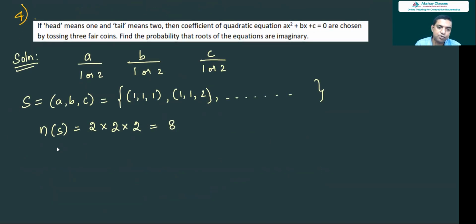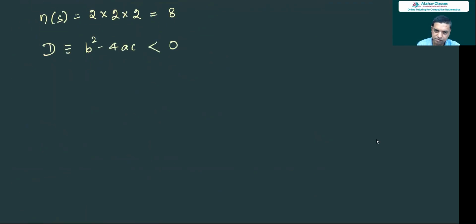So we have to show that the discriminant b square minus 4ac must be negative. For which values of a, b, c will this be negative? This is what we need to see. So let us fix.